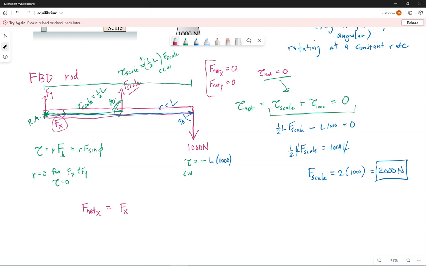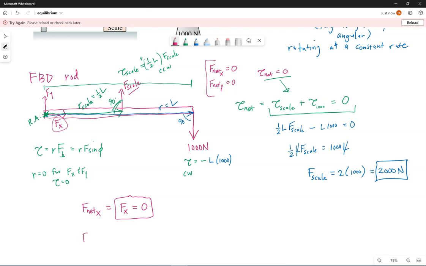But there is no other x component of force. So mathematically, I can also show myself that there needs to be no force in the x direction. This x component force from the pin in this specific case needs to be 0. Otherwise, if there was an x component of force, it would cause horizontal motion.